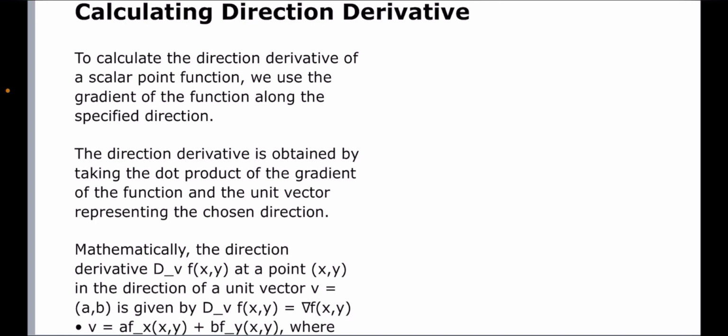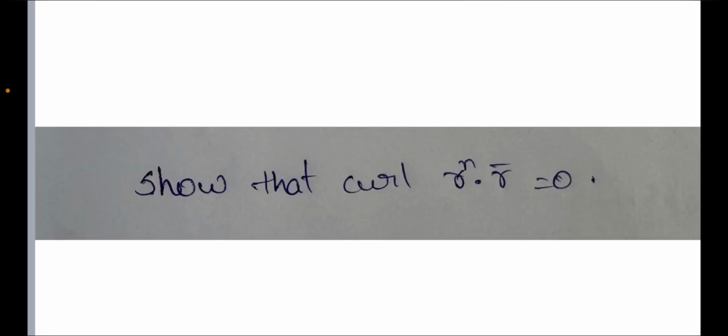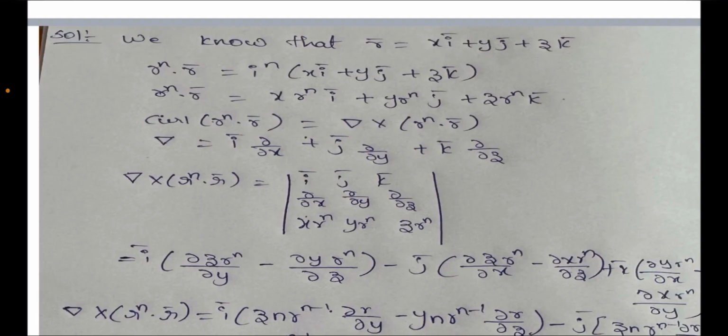D_v f(x, y) equals gradient f(x, y) dot v equals a f_x(x, y) plus b f_y(x, y). Here the question is: show that curl of r power n r bar equals 0. Here the solution is: we know that r bar equals x i bar plus y j bar plus z k bar.